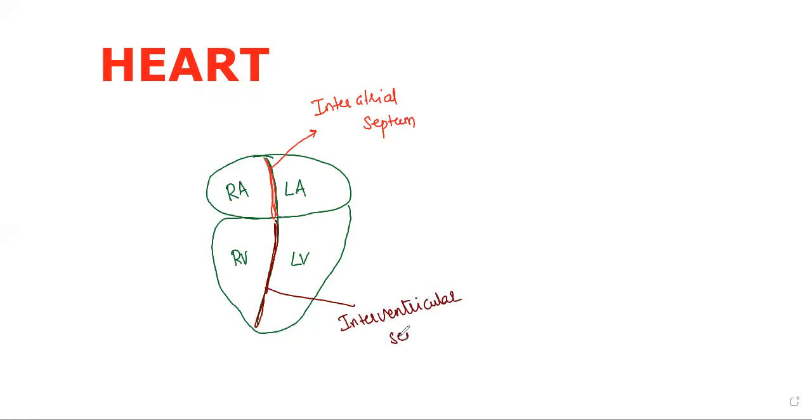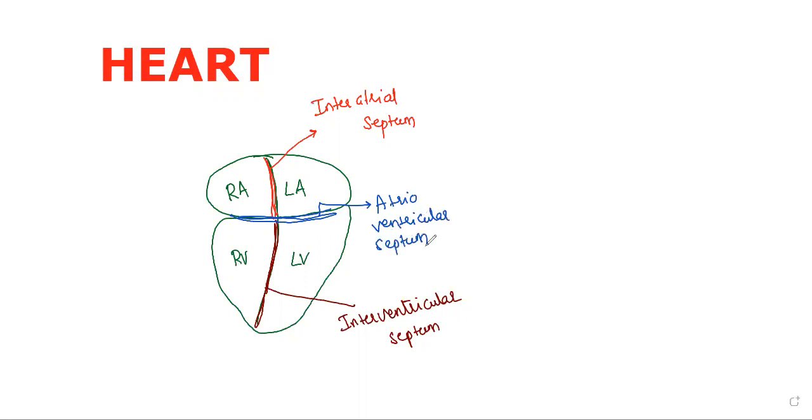Next, atria and ventricles are separated by the atrioventricular septum. The diagram explains everything here.